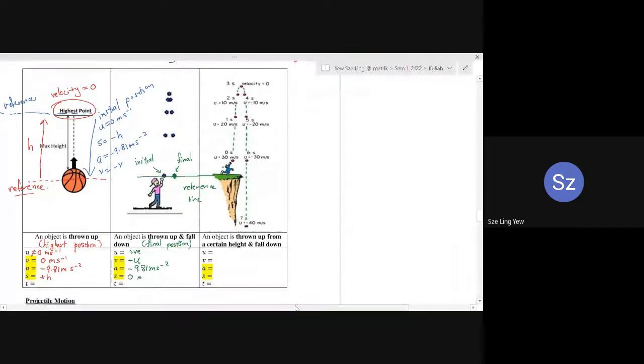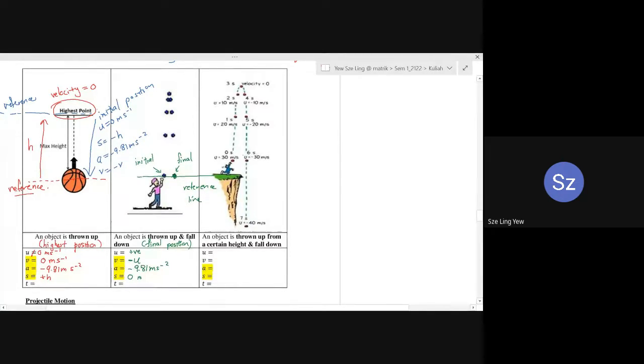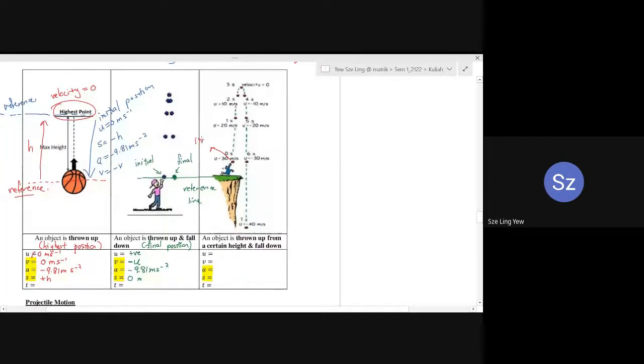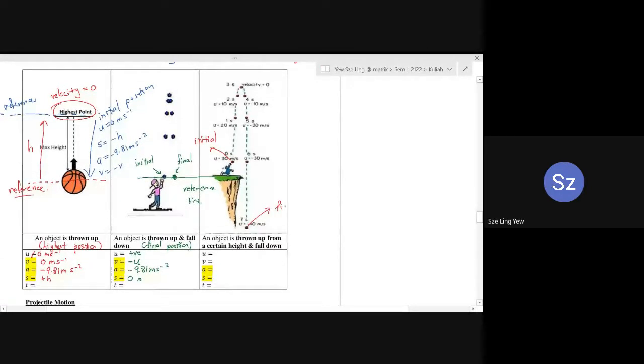Now let's look at the last diagram. What happens here? Now you have an object. This is your initial position, and this is your final position.